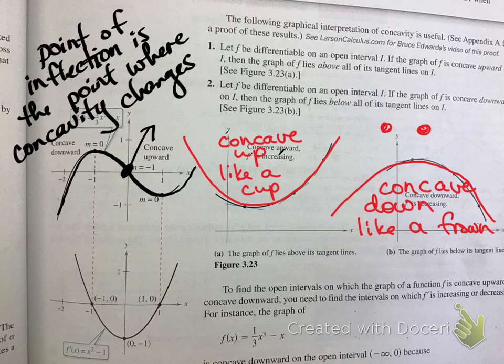So there are a lot of similarities in this section and in section 3.3, where we were doing increasing and decreasing intervals. So first off, we have a test for concavity.